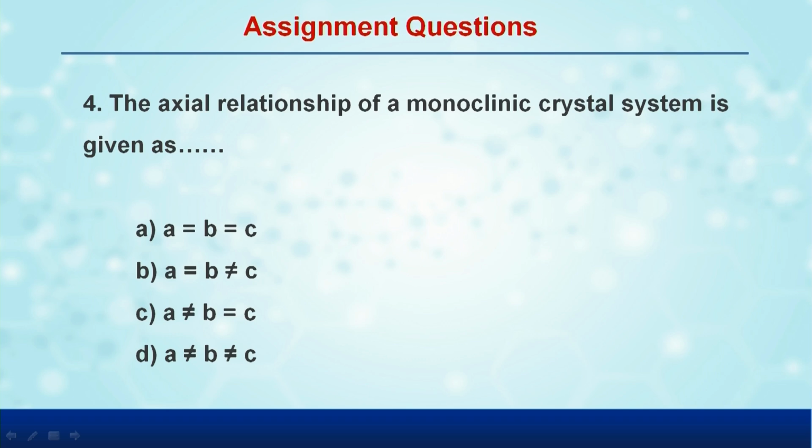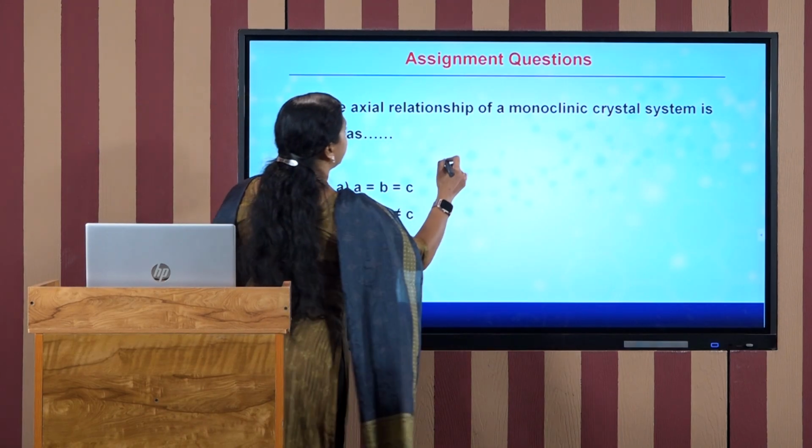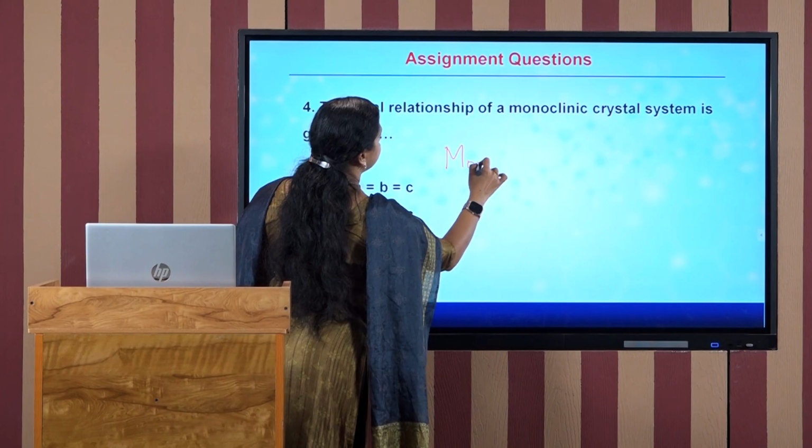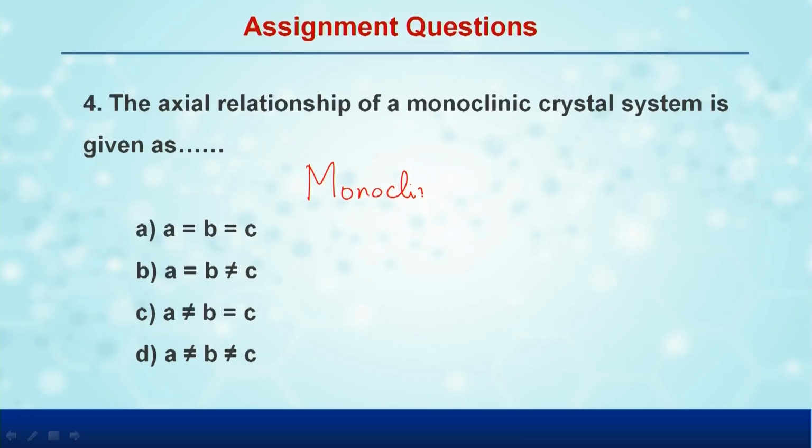The 4 options: option A, A equal B equal C, option B, A equal to B not equal to C, option C, A not equal to B equal to C, and option D, A not equal to B not equal to C. So, in a monoclinic system, the 3 intercepts, that is A, B and C, are of unequal length, that is A not equal to B not equal to C. Okay.